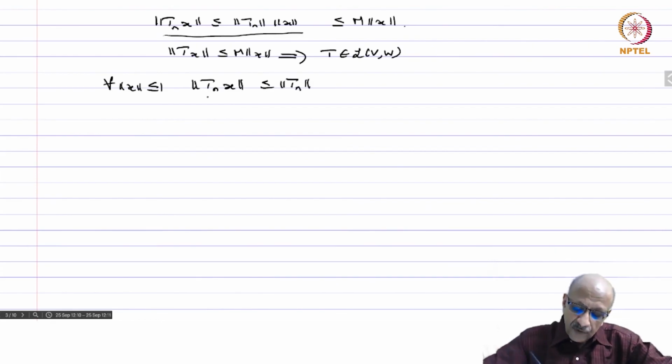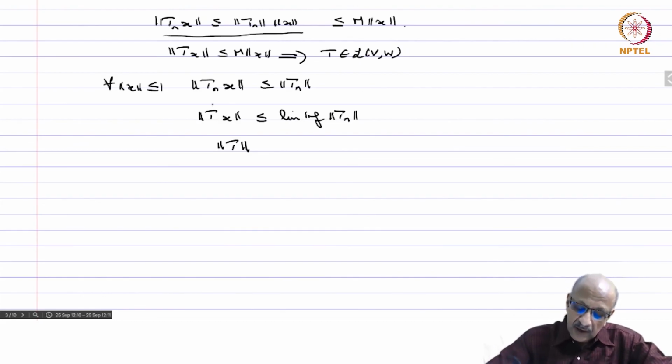Okay, and therefore if you take the limit on each side, you get norm Tx, because I am taking the limit. On this side I take lim inf on both sides, so here you have a limit, there you have a lim inf, and therefore norm T is less than or equal to lim inf norm T_n.